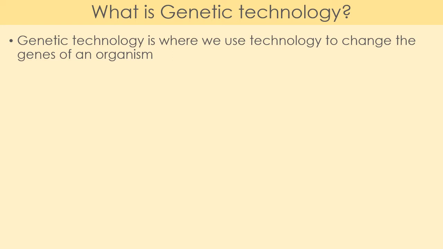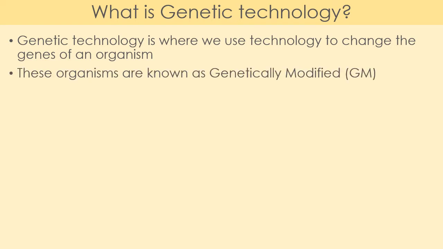You might remember that genes are the part of an organism that code for a characteristic. So if we give them a gene for something useful, that could really benefit us. Or if we remove a gene for something that causes a disease, again, that could be really useful. These organisms are known as genetically modified, or GM.